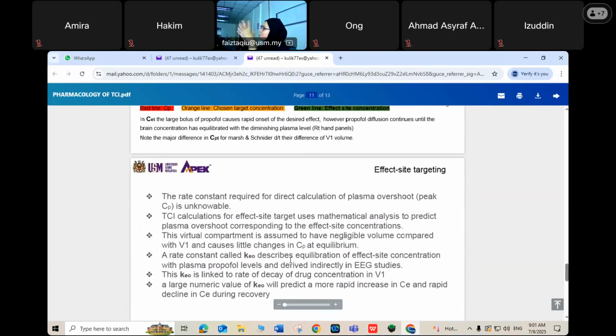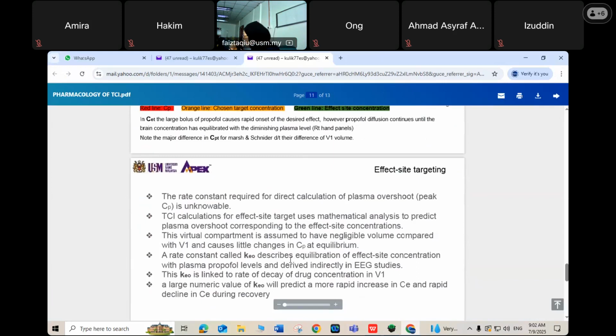We cannot manipulate much because at the end of the day kita akan manipulate the V1. Kan? And the machine will automatically say, okay, now already at equilibrium, so I will adjust this rate by this much. Nampak tak? Sometimes you tengok, lepas you dah bagi 4, nanti dia auto adjust tau rate mg per minute, mg per kg per hour tu.